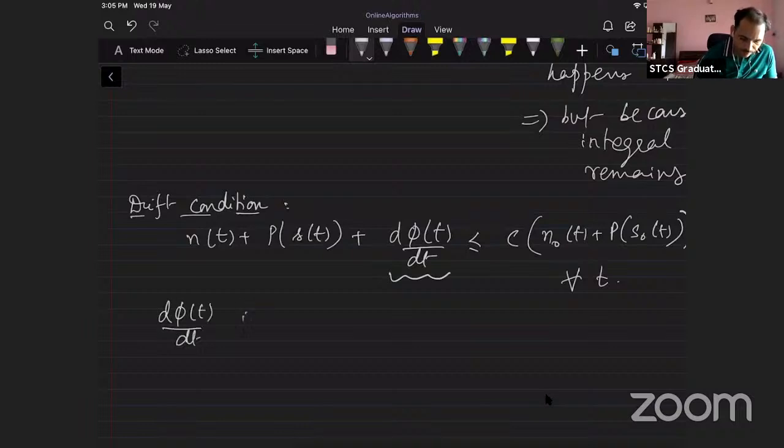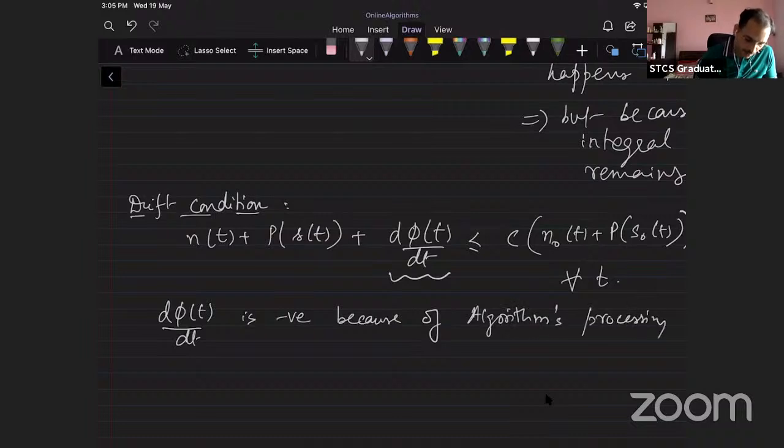It is negative because of the algorithm's processing, and positive because of OPT's processing.